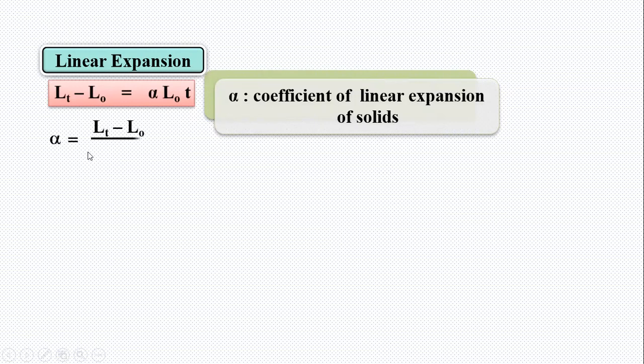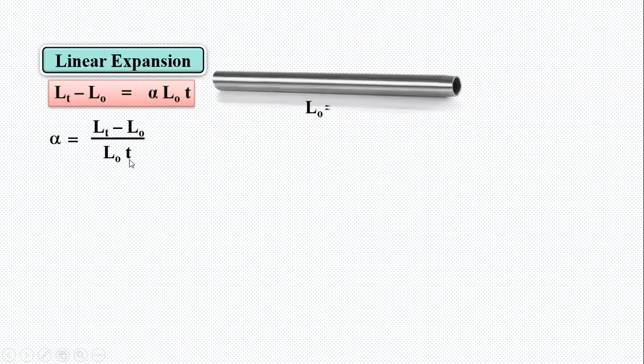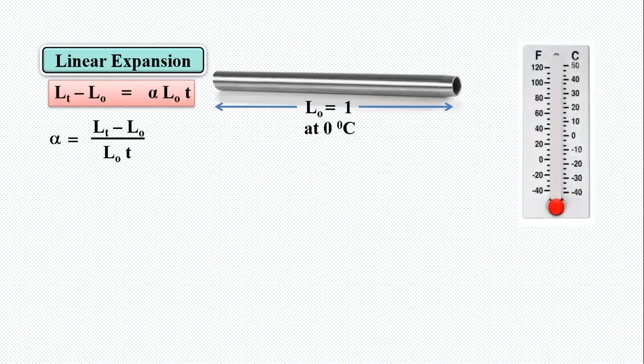So what is alpha? It is LT minus L0 upon L0 T. So suppose L0 is equal to 1 at 0 degree Celsius. And after increasing the temperature, say 1 degree Celsius, its length is LT.